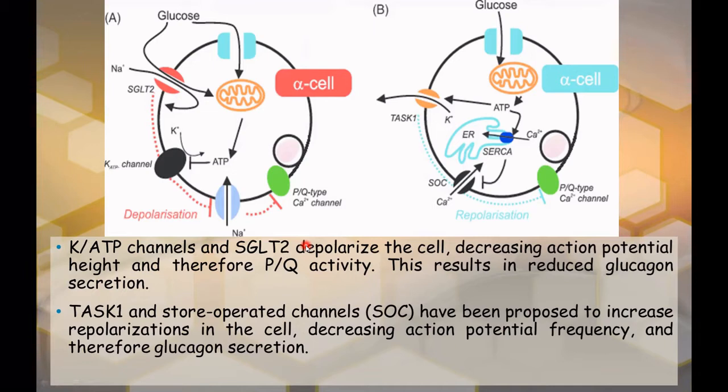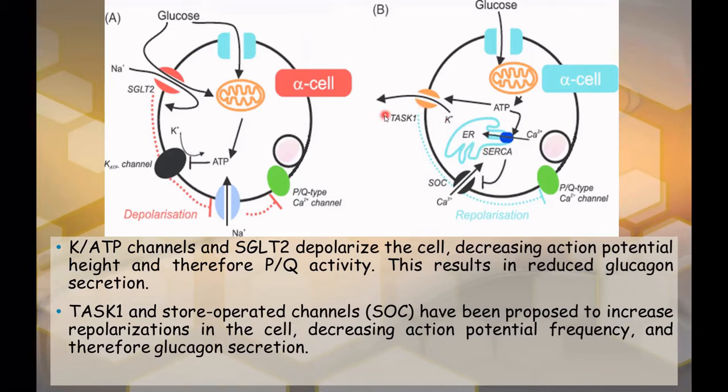So in the presence of task 1 and SOC, the repolarization of the cell is increased, so the action potential frequency is decreased and glucagon secretion is also decreased, because the intracellular calcium concentration becomes lower in this state.